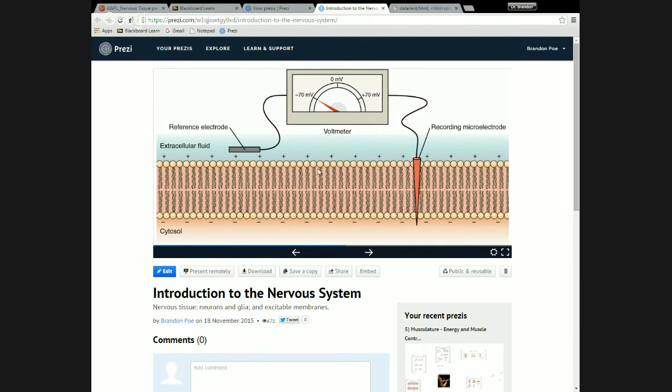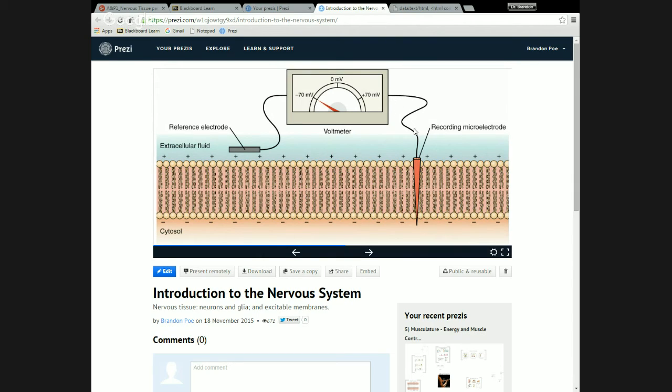So we have here the membrane, and we can measure the charge across that membrane with a device called a voltmeter. The way a voltmeter works is you have two electrodes. You put one on the inside of the cell and one on the outside of the cell and compare the charge across them.